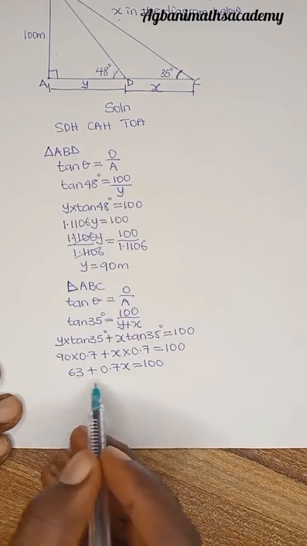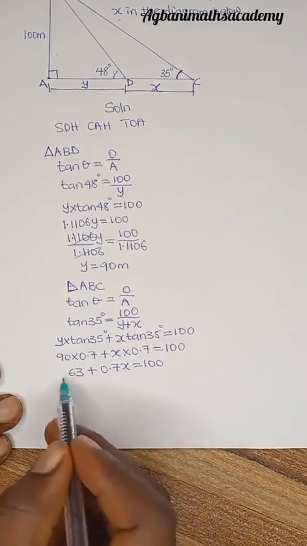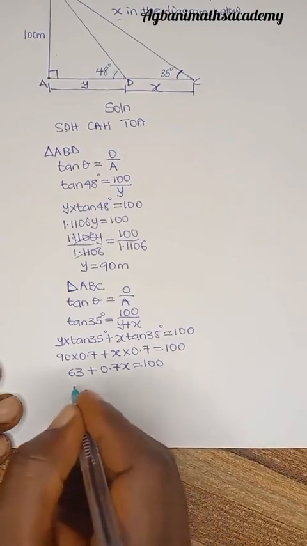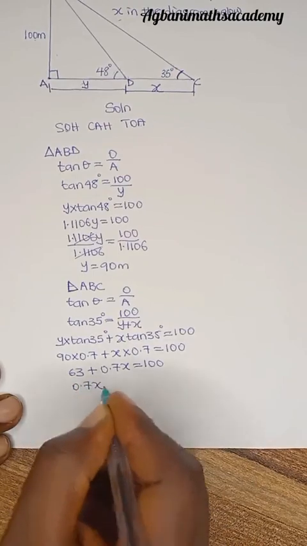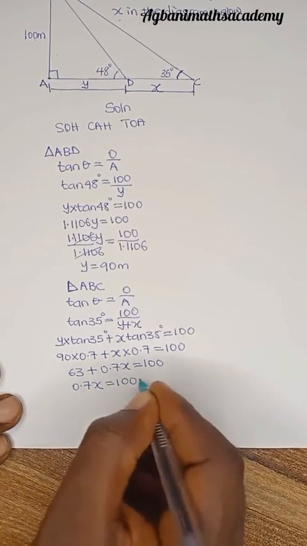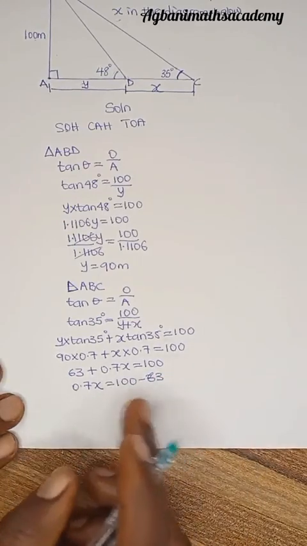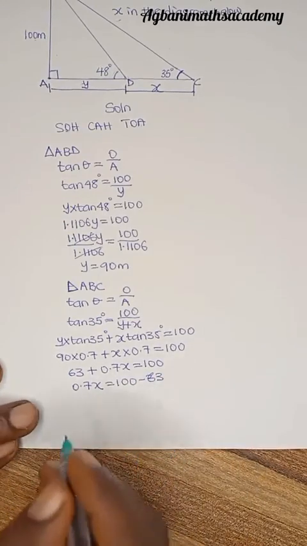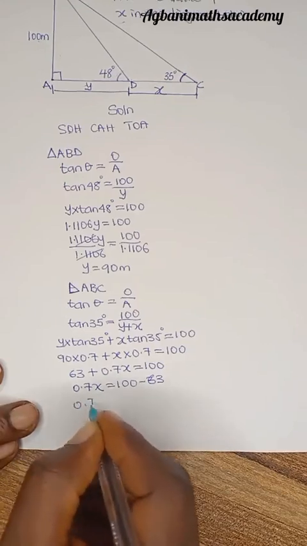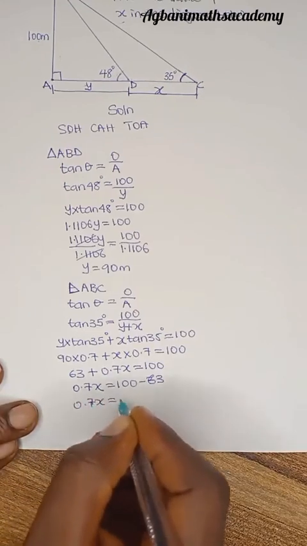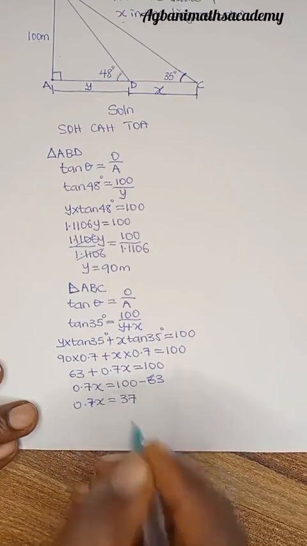So 63 crossing over the equal to sign, the positive sign here is going to change to negative. So we have 0.7x is equal to 100 minus 63. 100 minus 63 is going to give us 37. So 0.7x is equal to 37.